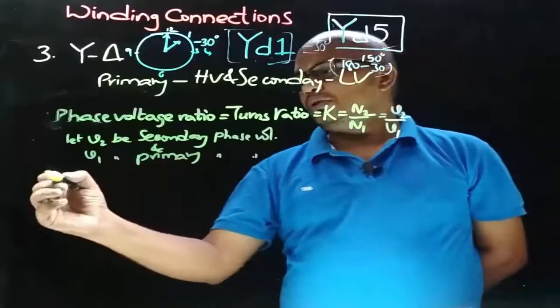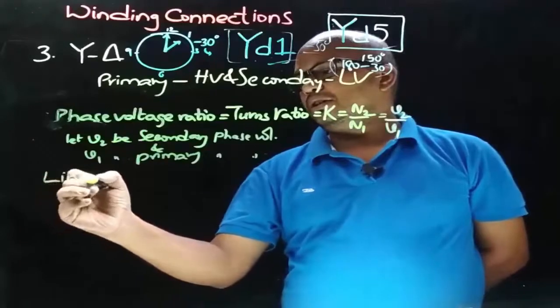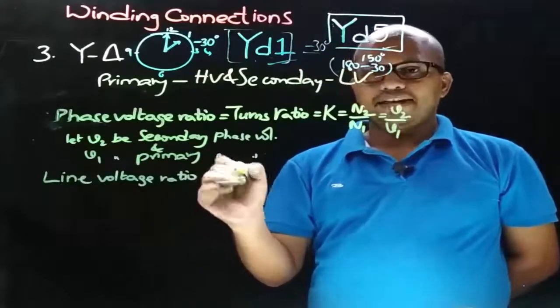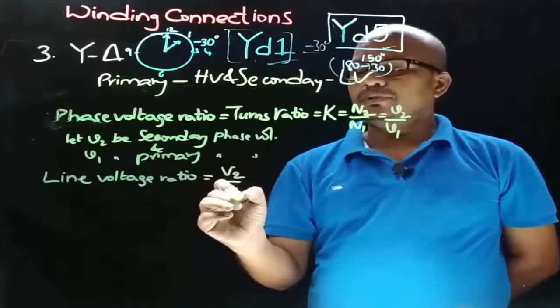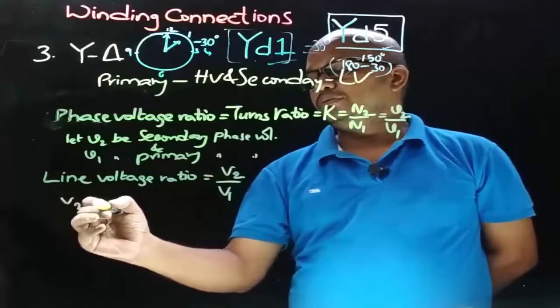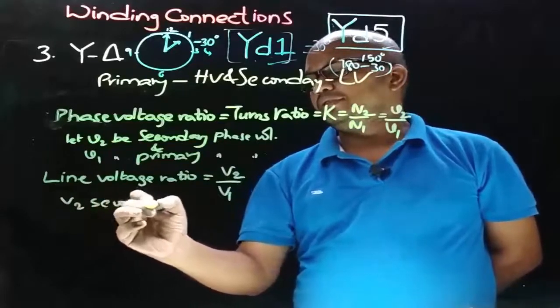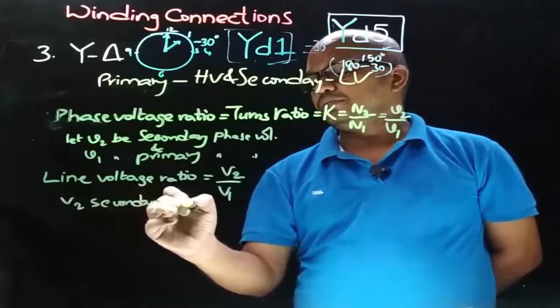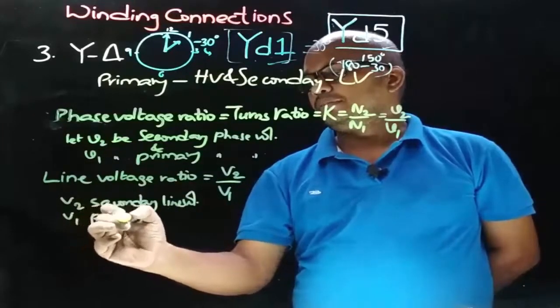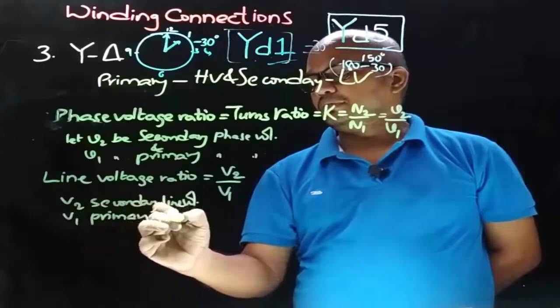And now let's know the line voltage ratio. Let V2 be the secondary side line voltage and let V1 be the primary side line voltage. So V2 secondary line voltage and V1 primary line voltage.